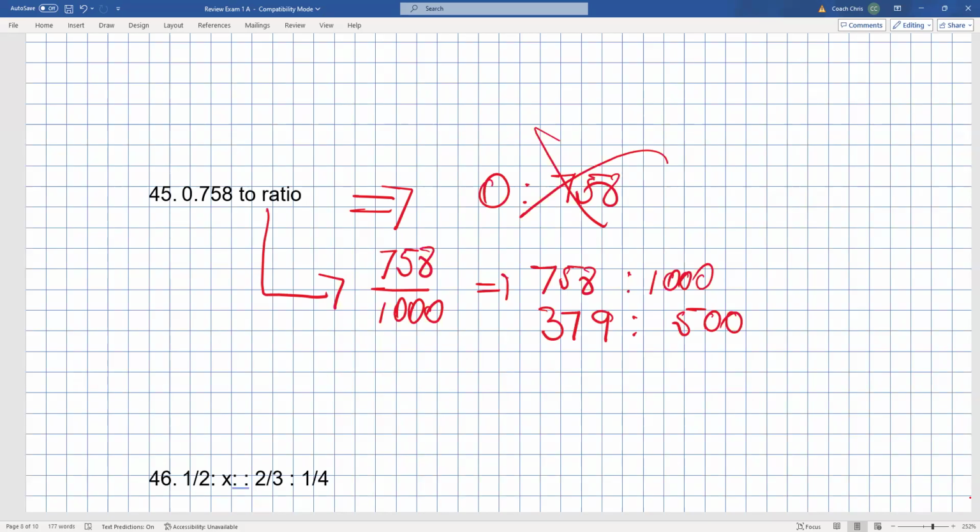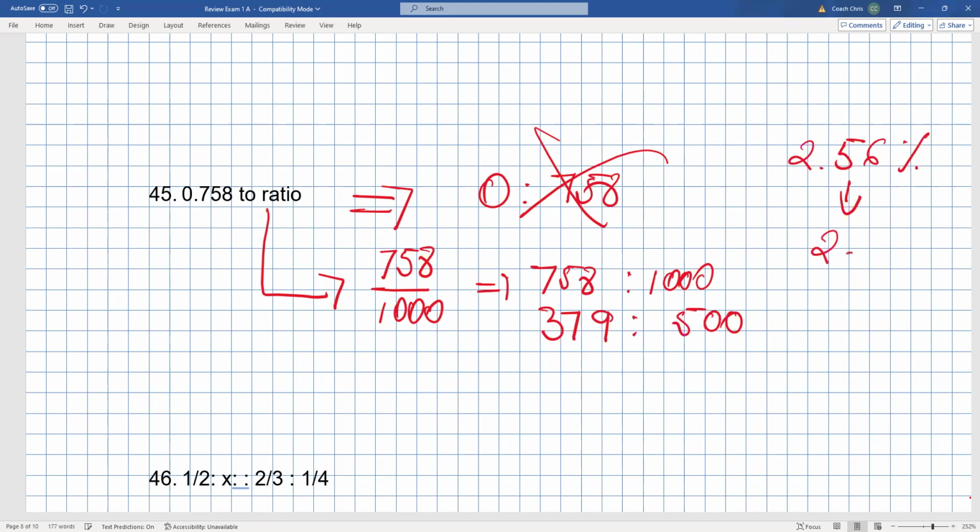So let's think about this. Let's say you have 2.56%. All right, they ask you to convert this to a ratio. So the first thing you have to do, you have to take this number without a percent. What does 2.56% mean?